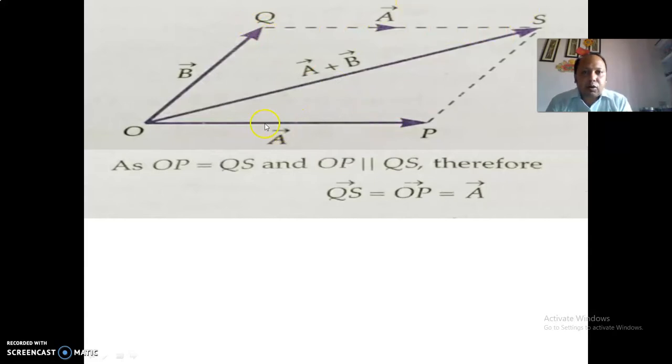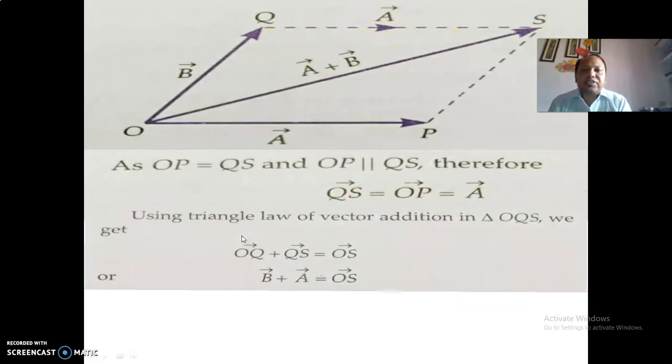So OP is represented by vector A, so QS will also be represented by vector A. They are the same. So here we have written vector QS and vector OP is equal to vector A. So this is vector A, which we are showing here.